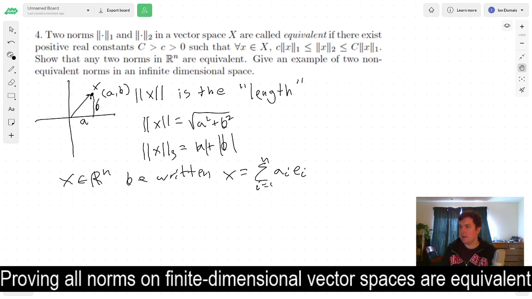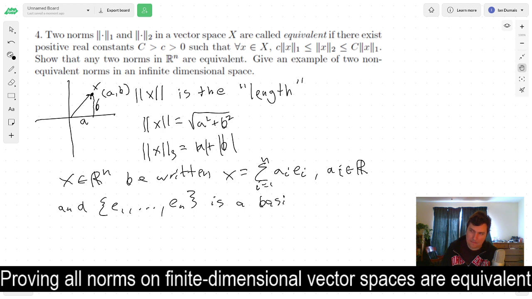It's showing up okay. So we're going to write any x as sums of ai times ei, where ai is just a real number, and e1 to en is a basis of Rn.